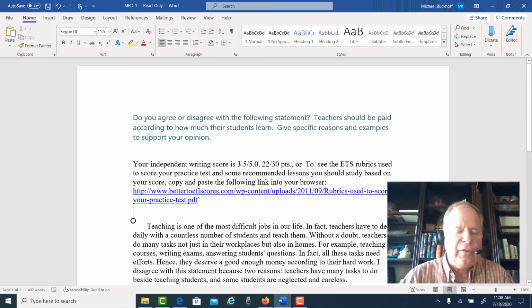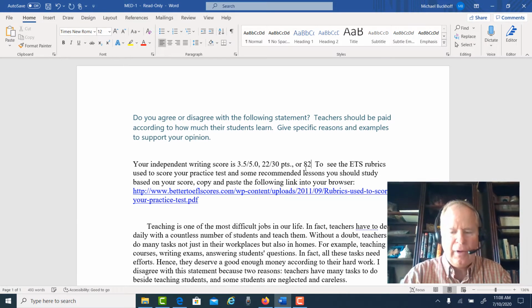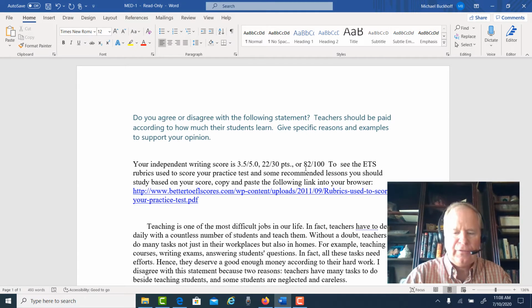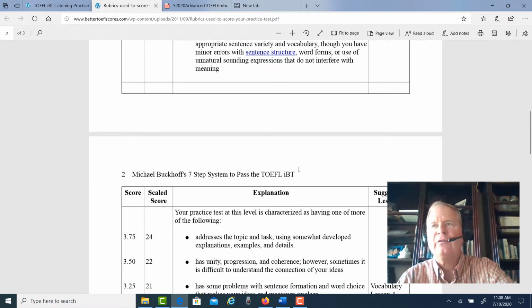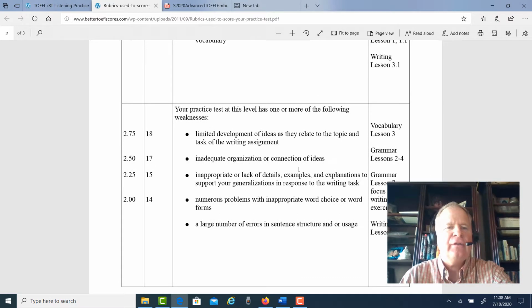I'm giving you a score of 3.5 out of 5, 22 points out of 30. I think in the Blackboard, this translates into an 82% on the assignment, at least in our course. According to the actual rubrics here, these are some modified rubrics from ETS.